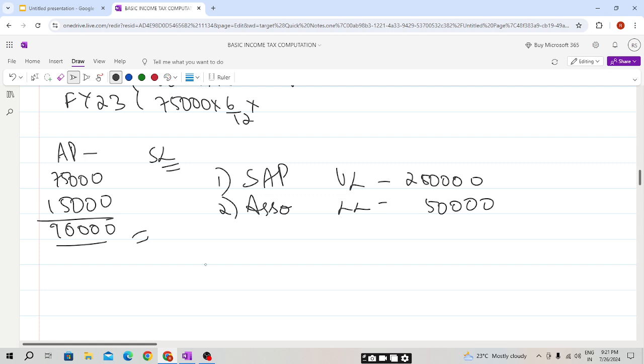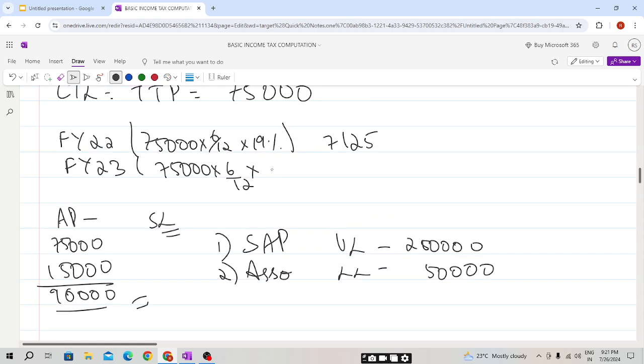The Finance Act marginal rate is 25%. 75,000 into 6 divided by 12 into 25%. So this will be 9,375 less marginal relief. And students, we have seen the marginal relief will be applicable for finance year 23.